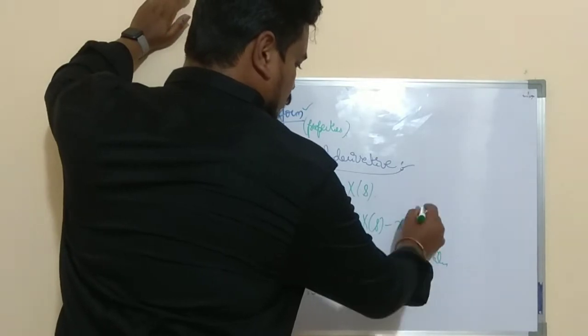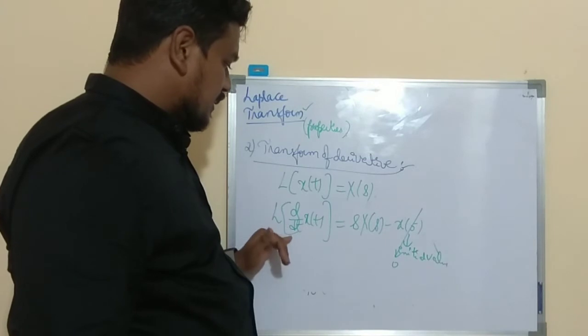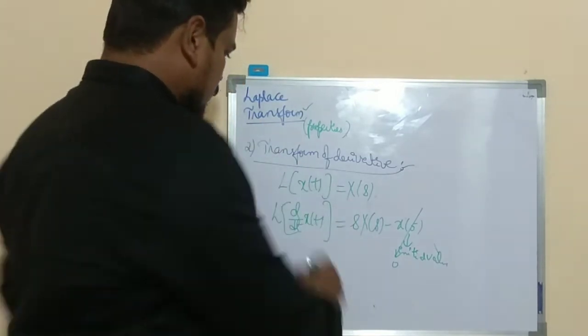Generally this will be equal to 0. So you just have to remember the Laplace transform of d/dt of x(t) is s·X(s).